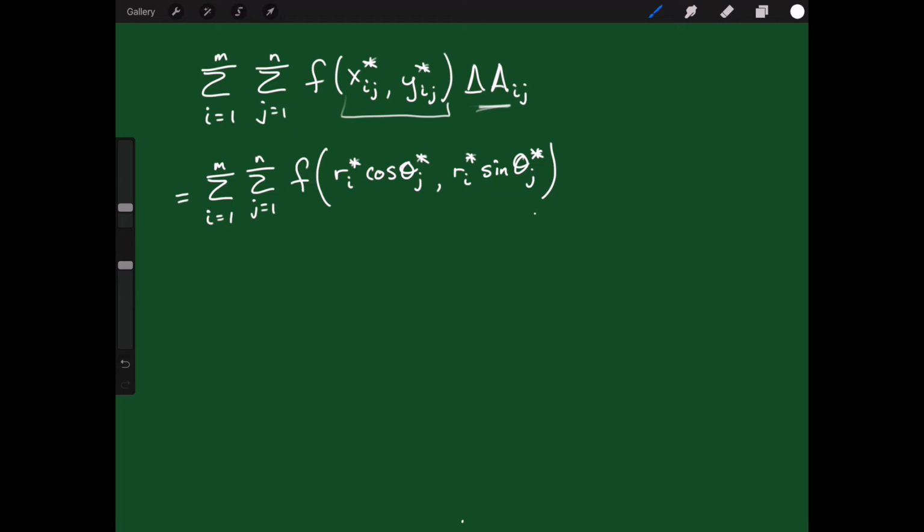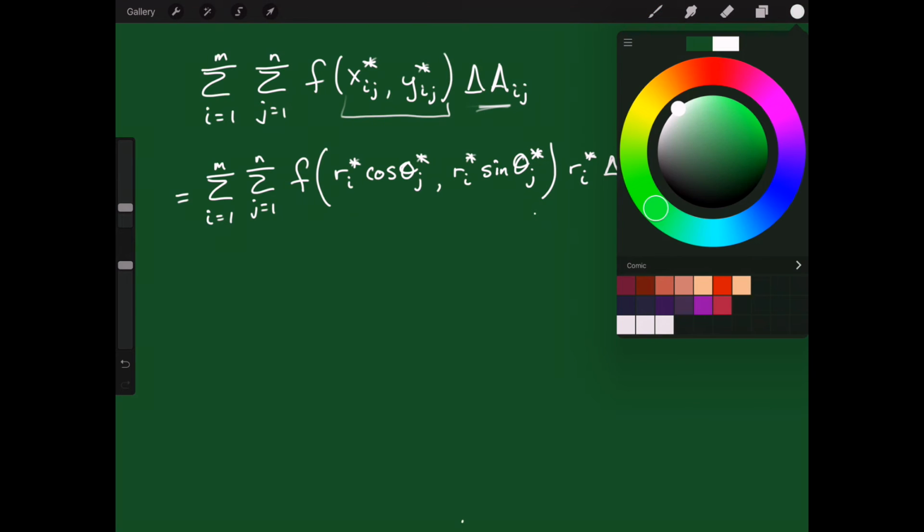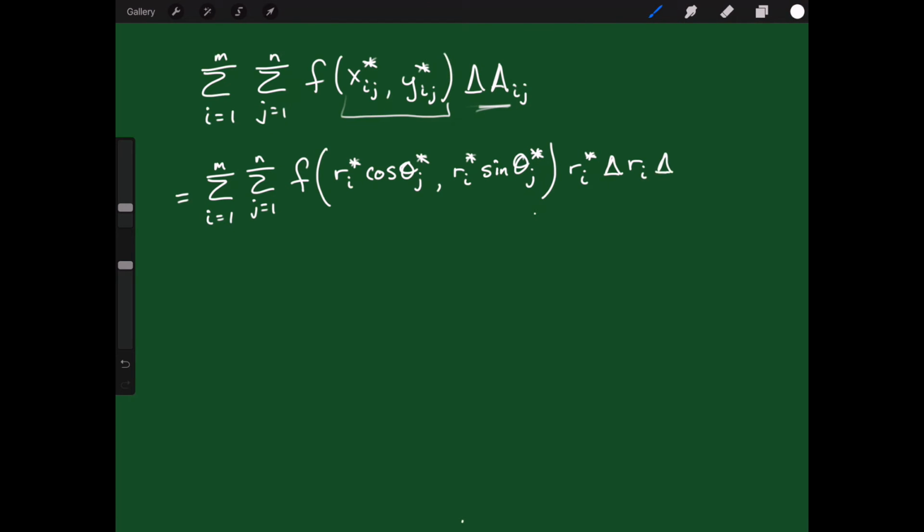But I just said that the area of a piece in polar is going to be r sub i star times delta r sub i times delta theta sub j.